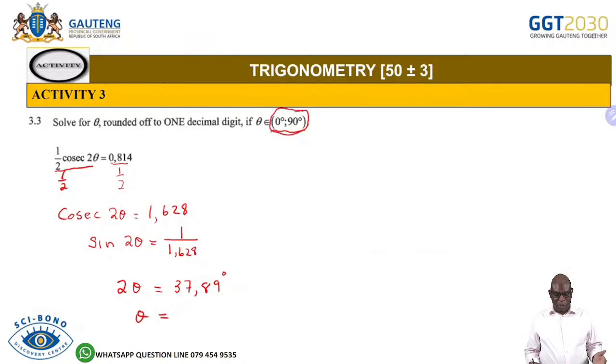In this case, I'm working in the first quadrant, so I don't have a problem. So there will be 18,95. Remember, we must write it correct to 2 decimal places. This is approximately that, and that is approximately that, correct to 2 decimal places. So remember, we still have values there.